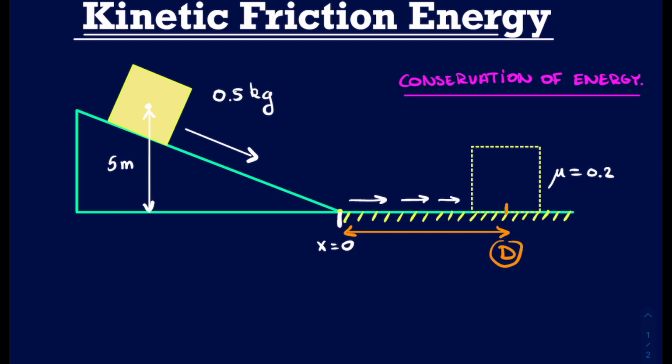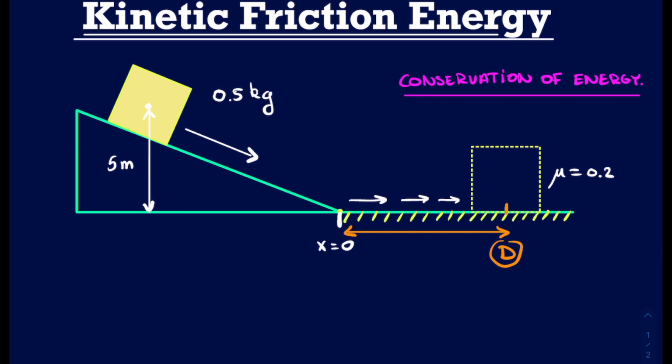Therefore, if we compare the energy of an object at one moment in time, for instance, when it sits at rest at the top of this slope, and at another point in time, when it is again slowed down and has no velocity on this surface, then the total energy should be the same. The only thing that happens is that energy is transformed from one type to the other. For instance, from potential energy to kinetic energy, or potential energy to kinetic and frictional energy.